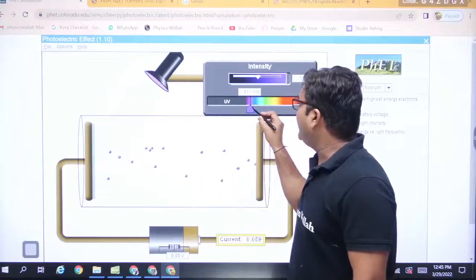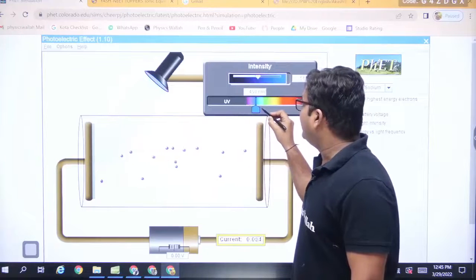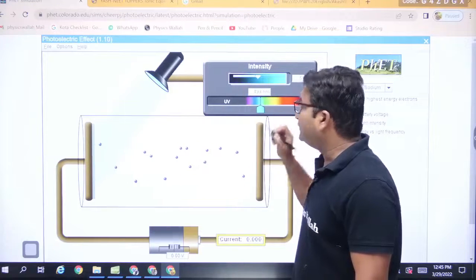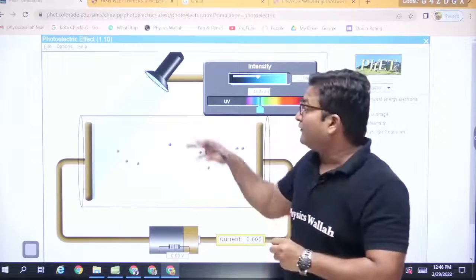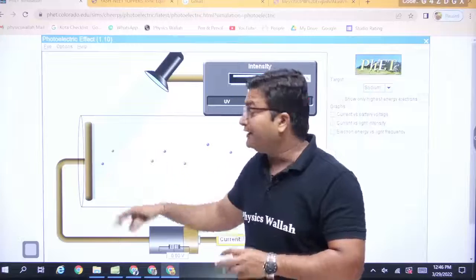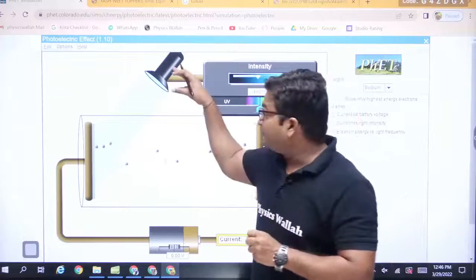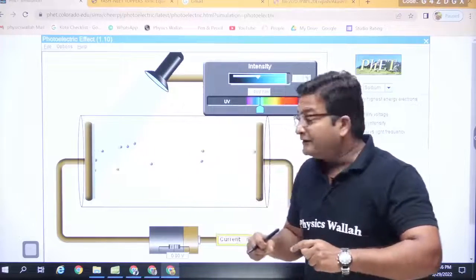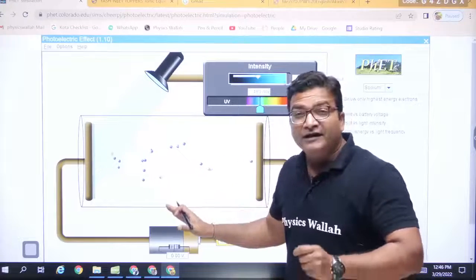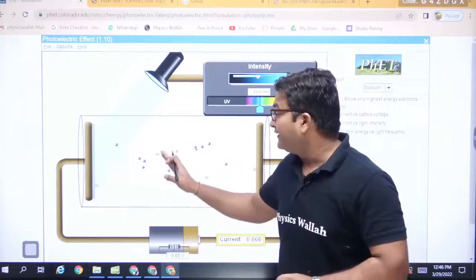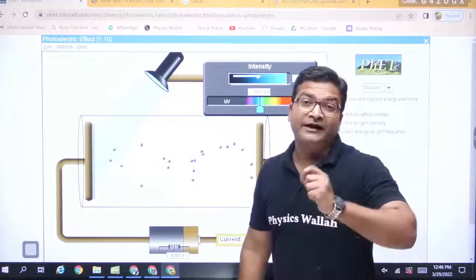By increasing the wavelength, the energy of photons falling on the cathode decreases, and now you can see the electrons are being emitted with a little lesser energy, moving slower than earlier.